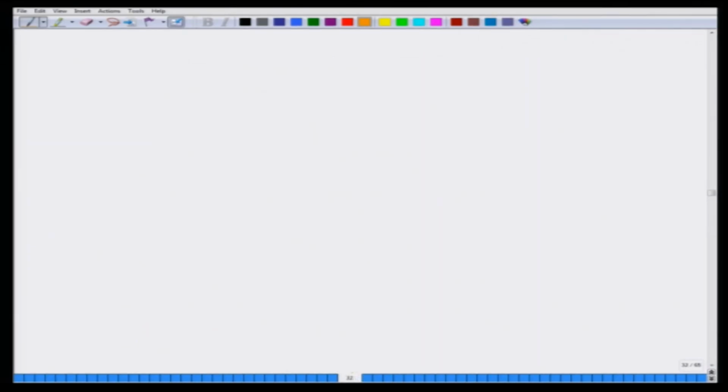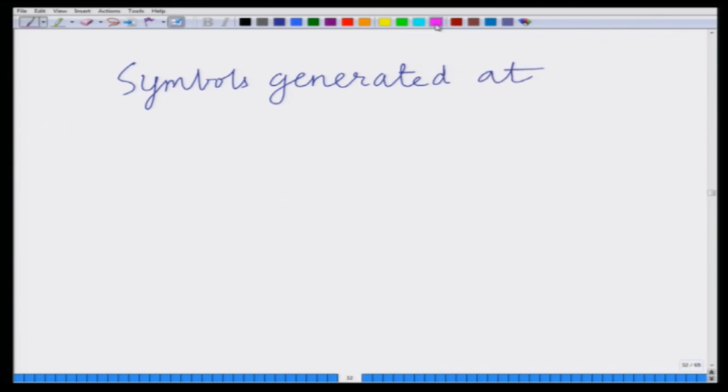When we look at these different symbols which are generated at successive instants of time, these different symbols in a digital or wireless communication system are frequently independent. So, what we would like to say is that the symbols generated at different time instants are independent.